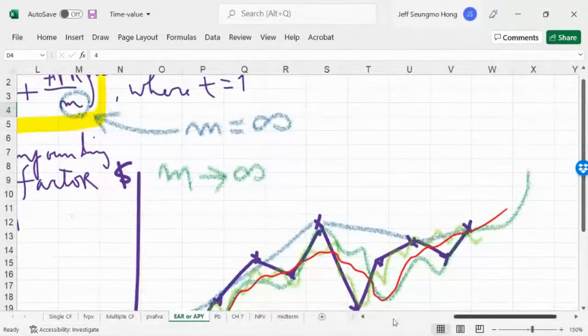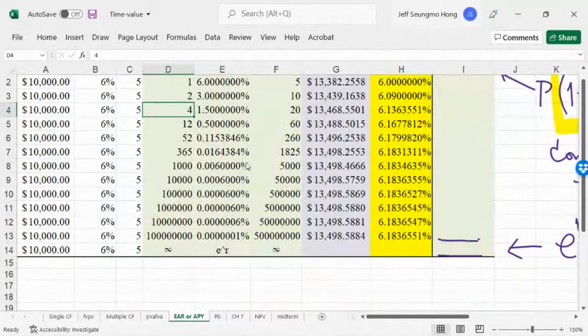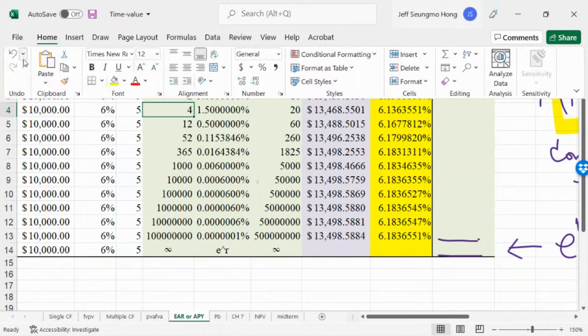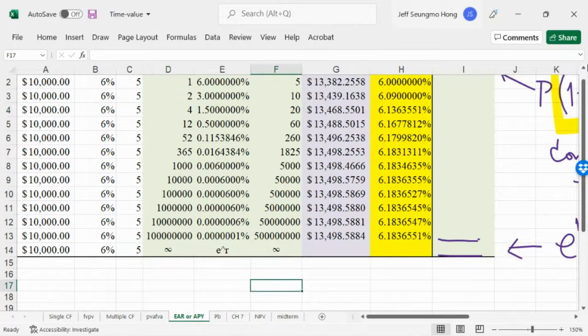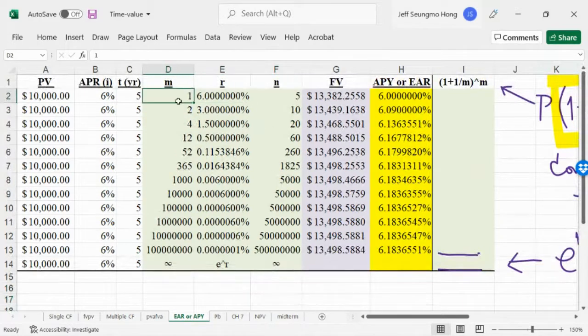So think about it. As the compounding frequency increases beyond 1,000, 10,000, 1 million, the APY reaches some limit.